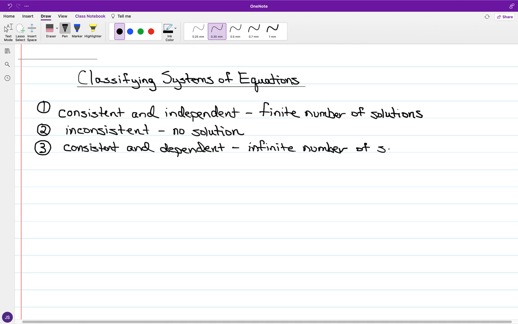And to illustrate what we have for the possible classifications, say we were to determine the type of system for the following. Or say we were to determine the classification of each system.